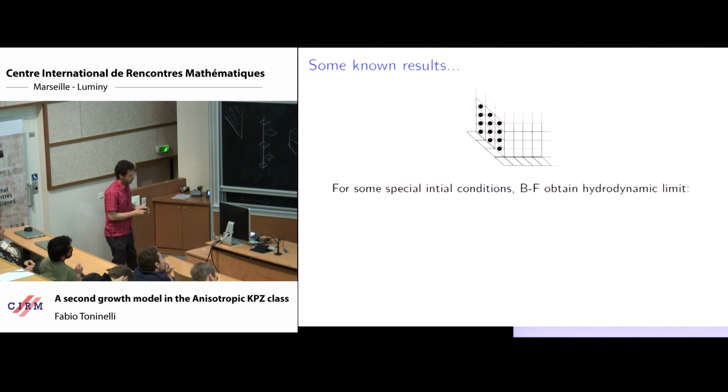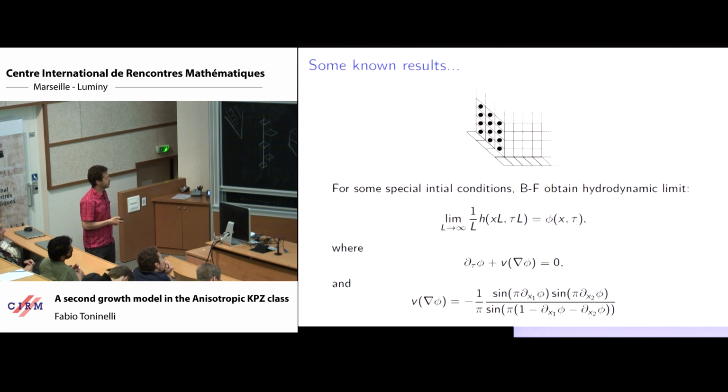All right. So then they let it evolve, and what they find is that if you take the height function at position xL, time tau L, divided by L, this converges to something deterministic, phi of x, tau.